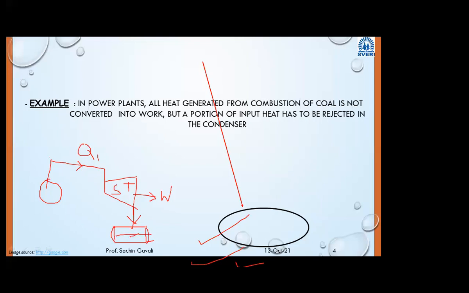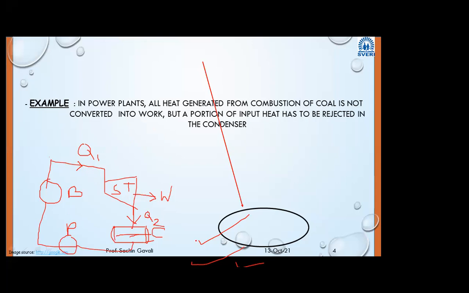If a condenser is there, this is condensing, and again with the help of a pump, this is the pump, this is the boiler, this is the condenser. So in power plants also, all the heat generated cannot be converted into work. Some amount of heat, let us consider this as Q2, is to be transferred to the condenser.